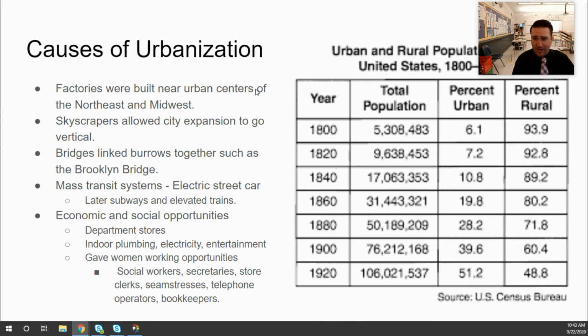So instead of expanding horizontally across the landscape, you expand vertically into the sky. In doing so, they can create more space for people to live, more office space, more factory space. And that is a big, important invention, the skyscraper.